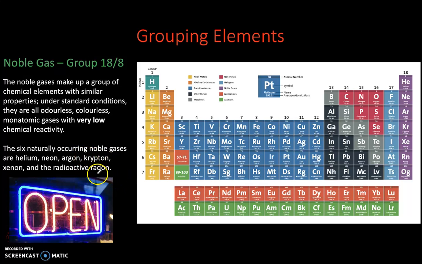We often use noble gases within our street lights, like you probably heard of neon lights before, and that's because when you pass electricity through these gases, the electrons get very excited and they move around and they shake and they give off light as you pass a current through the gas.